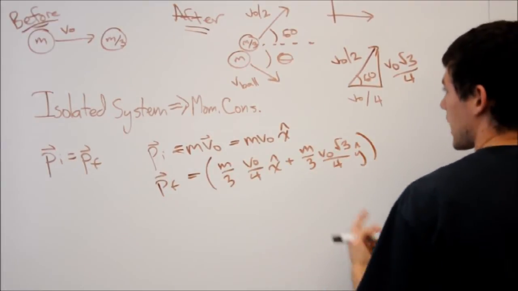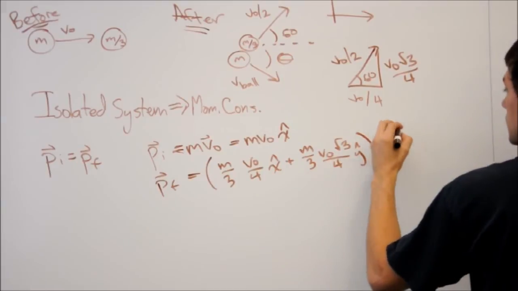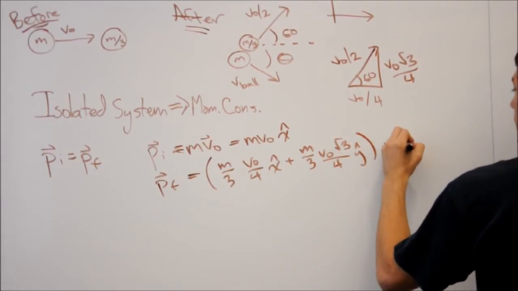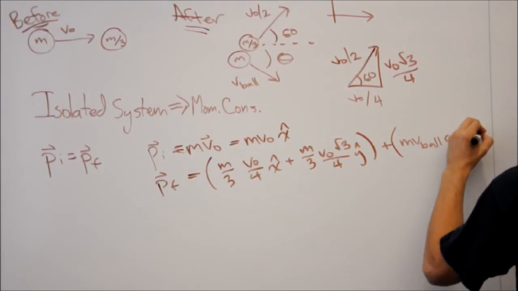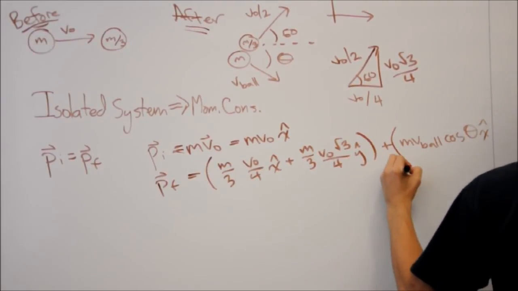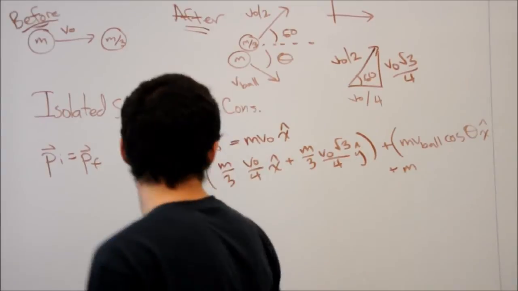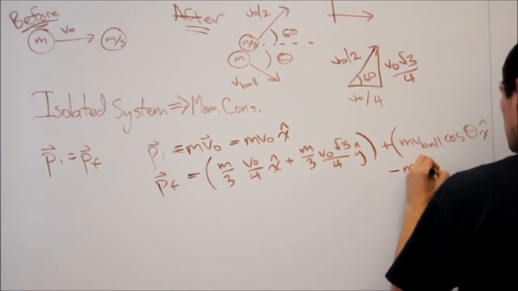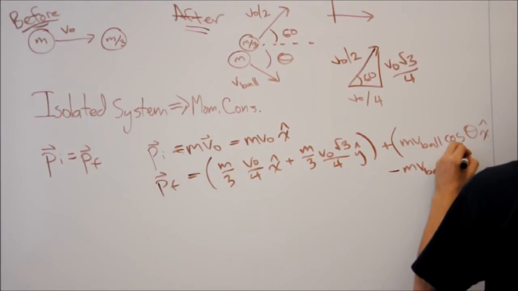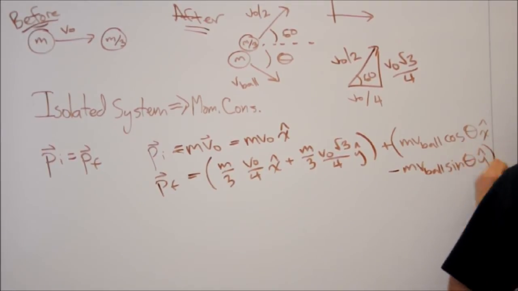And then all we have to do is add in the momentum of the bowling ball, which is going to be m v ball cosine theta x hat minus m v ball sine theta y hat.